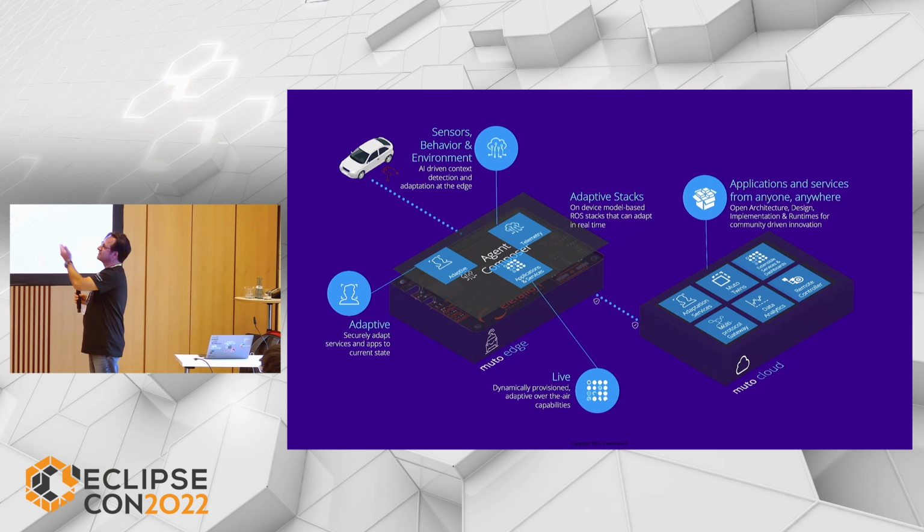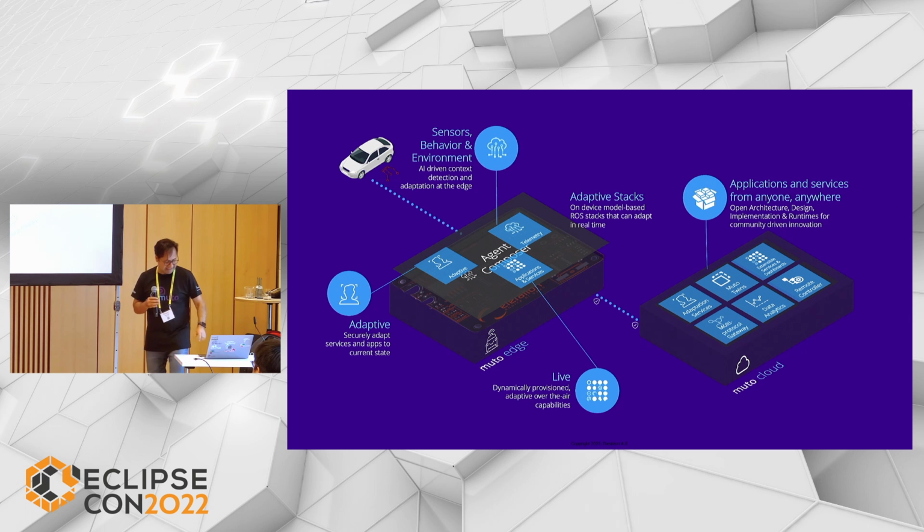And to manage what's happening with this adaptive stack that's running on the device, we use the digital twins on the cloud, and a dashboard and other services allow you to monitor, do some telemetry, and also send commands to the device using this gateway.